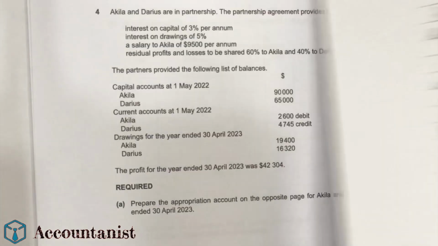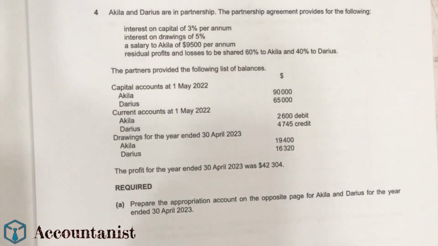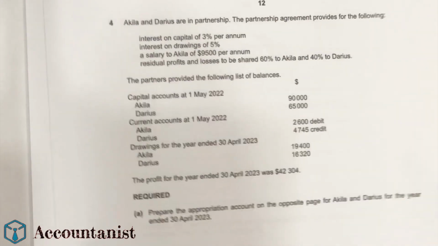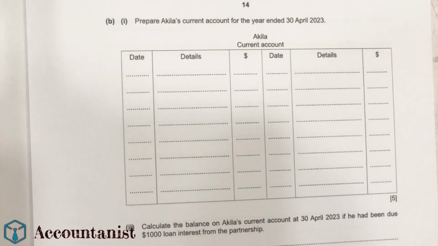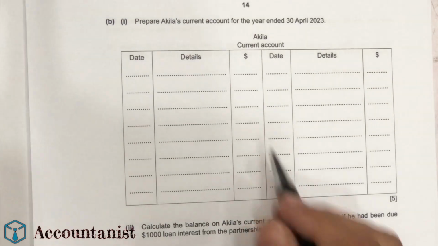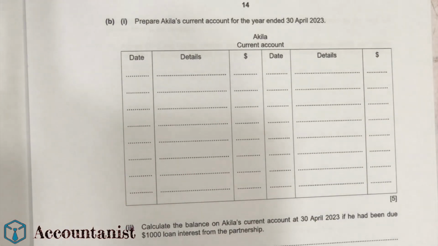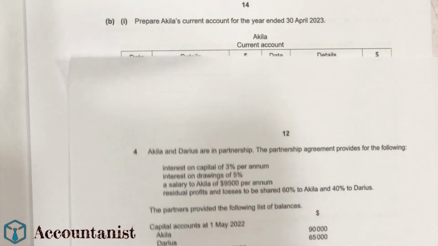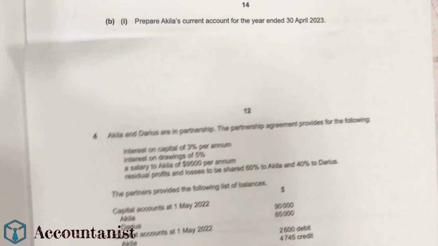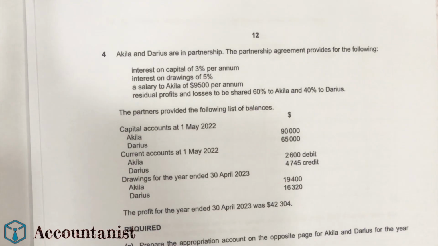So moving on to the next section of this question, it says to prepare a current account. We have to prepare a current account of a partner only. So I'm going to use the same data again. We have the opening balance of current accounts in the question.